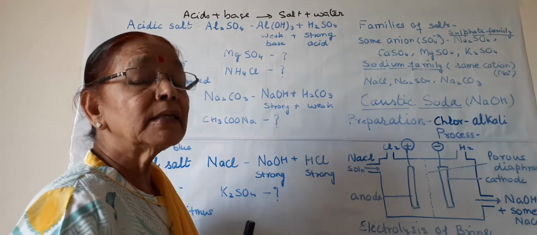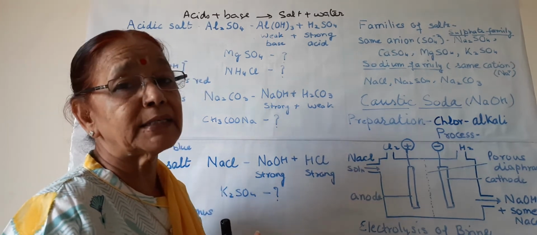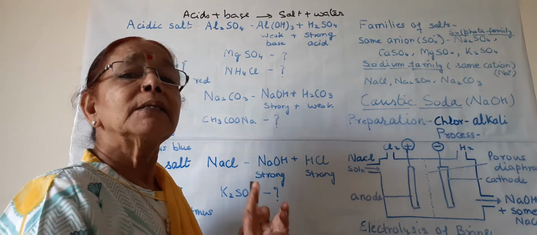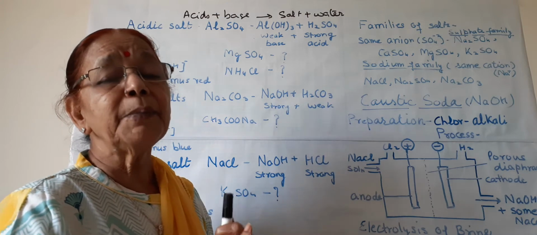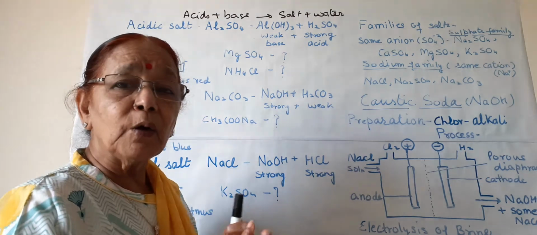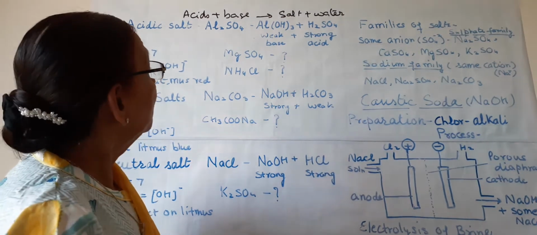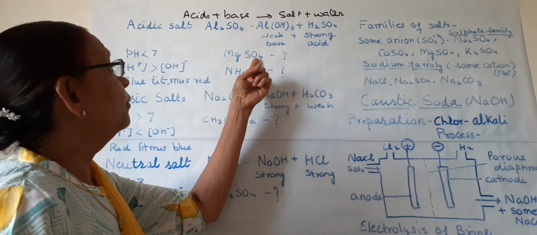The next is salts are formed when hydrogen of acids is removed by some cation, and this may be metallic or non-metallic. For example, suppose this salt is there, MgSO4.